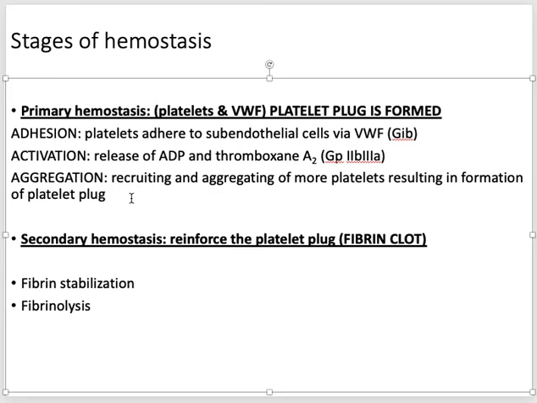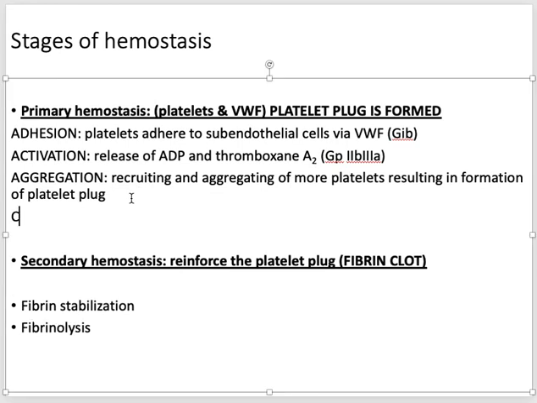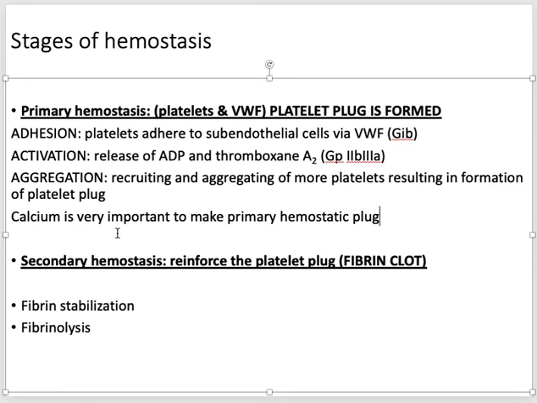All these things need one more thing, calcium. So calcium is very important to make the primary hemostatic plug. This plug is also called the primary hemostatic plug, because this is primary hemostasis.